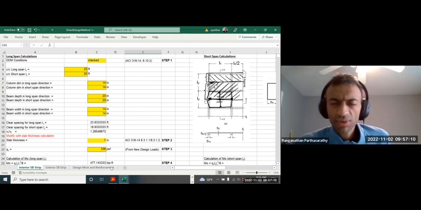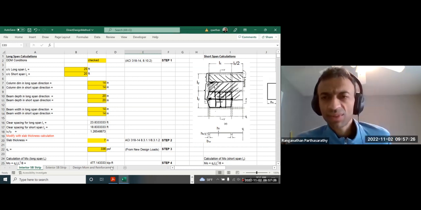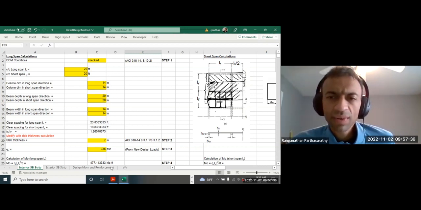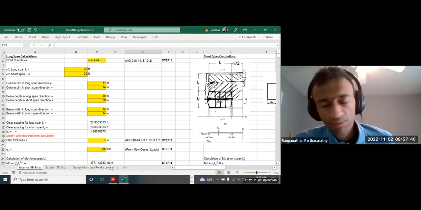But on the other hand, for the short span, you also have an exterior column strip and an interior column strip, whereas for the long span, both sides are interior column strips. There's a lot of things going on here. Is it clear? When you do long span bending, you have exterior negative moment, positive moment, and interior negative moment.